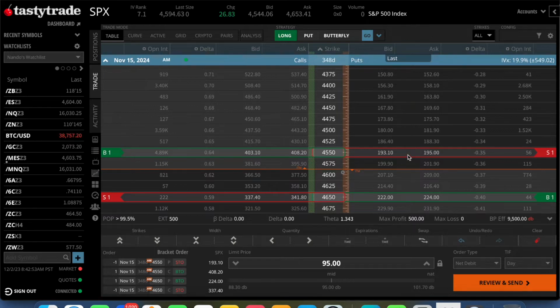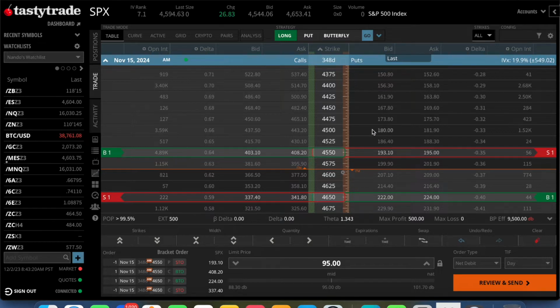The put spread will go out at max value, so we would end up making the difference in the width of these prices, which is 100, times the multiplier of the SPX, which is 100. So that would be worth $10,000 minus our cost of 95 times 100, so 10,000 minus 9,500, and that leaves us with a profit of $500.